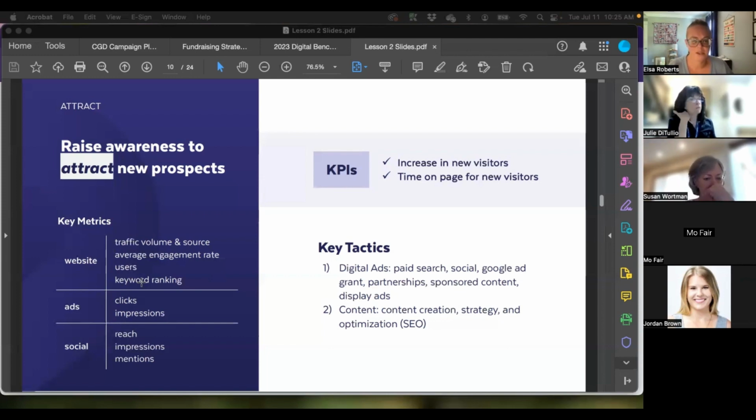If you're running ads, you're going to want to know about clicks and impressions on those ads. And for social media, you're going to want to know the reach of your posts, the impressions, and mentions and other activity around anything that you're putting out there on social. Some of the key tactics for this stage include digital ads and content creation.